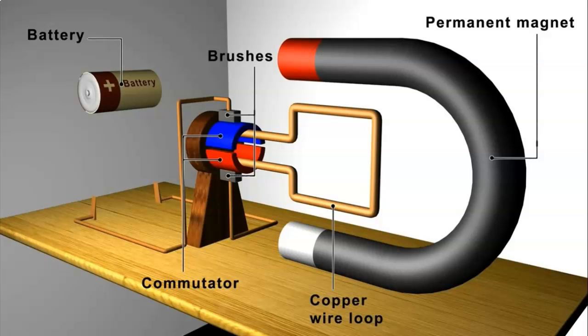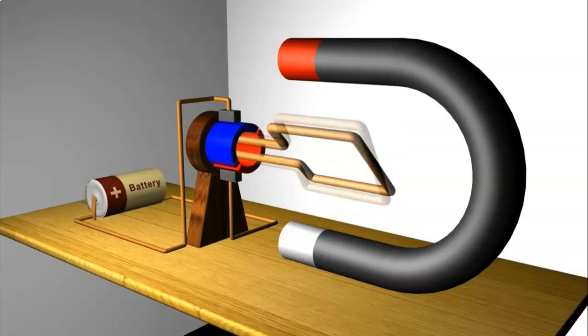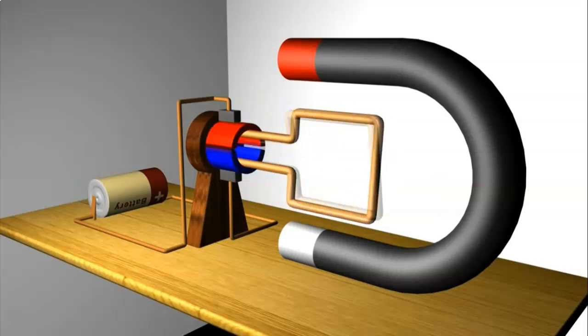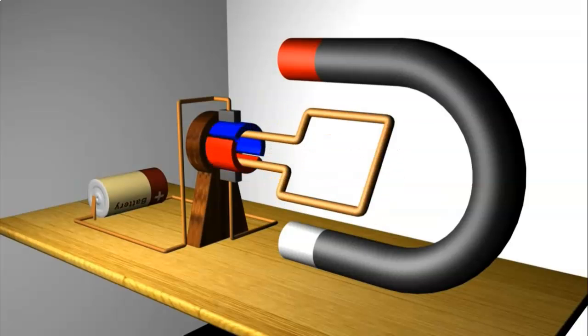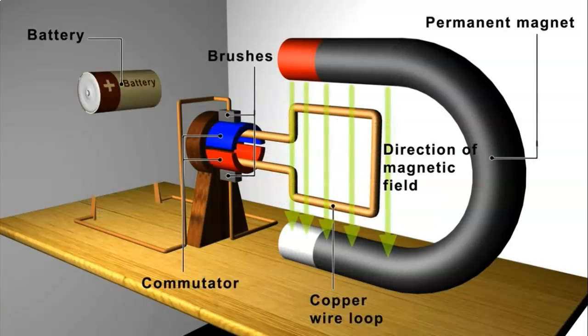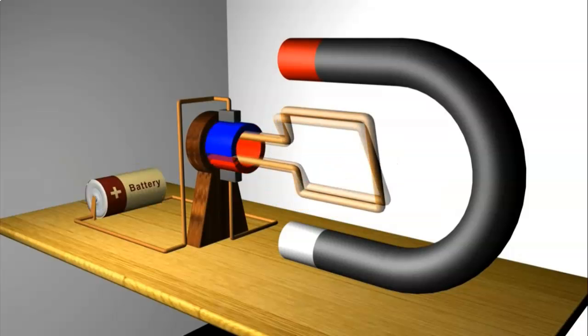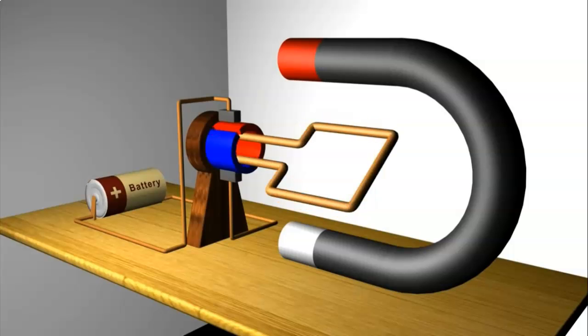The brushes are attached to a wooden support, and the commutator is fixed to the loop of copper wire. The commutator rotates freely, rubbing against the brushes. Now, when we pass current through the circuit, this creates a magnetic field around the wire, which interacts with the field of the permanent magnet to produce a rotation of the loop that looks like this.